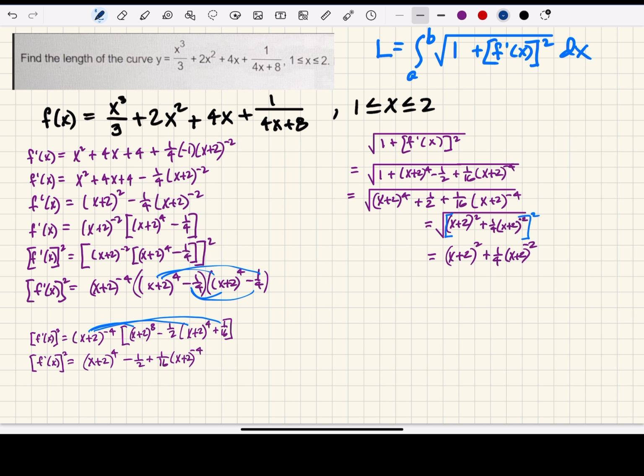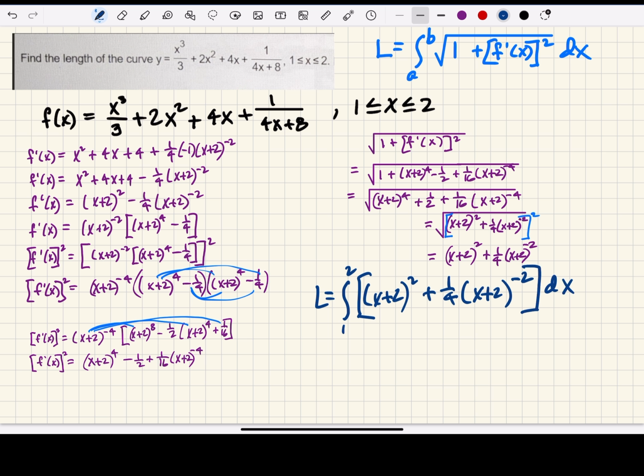So now we need to construct this integral. So that arc length will be the integral from 1 to 2 of x plus 2 squared plus 1/4 x plus 2 to the negative 2 dx.